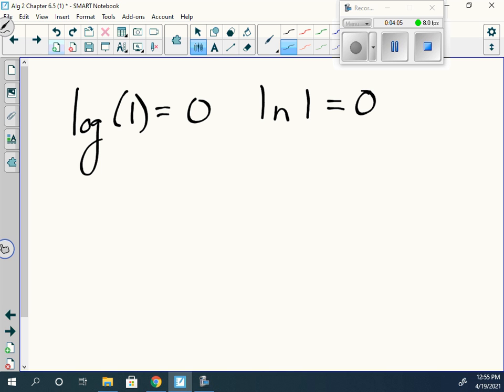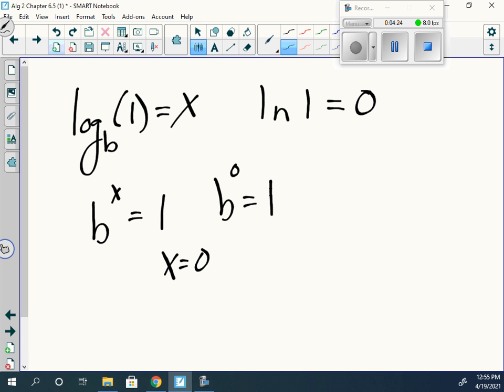Because if we were to solve this, it would be b to the x is equal to 1. Well, the only way for this to work, no matter what the base is, is if x is 0, because anything to the 0 power is 1. So anytime we have the natural log or log of 1, it doesn't matter what the base is, it will always be 0. That's kind of a nice property.